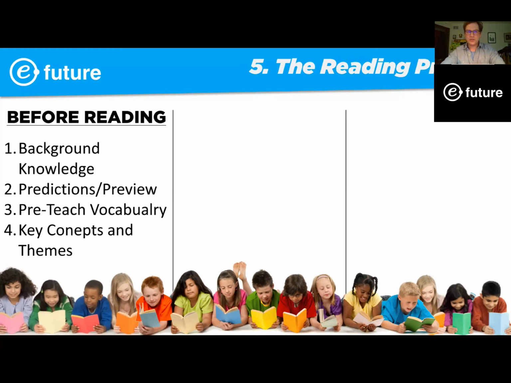What do they know about the story? You want to have them make predictions, give them previews of the story beforehand, and pre-teach vocabulary. Vocabulary should not be a big roadblock to reading. They should be comfortable with it before they read. And then if you want, you can introduce key concepts and themes, okay?